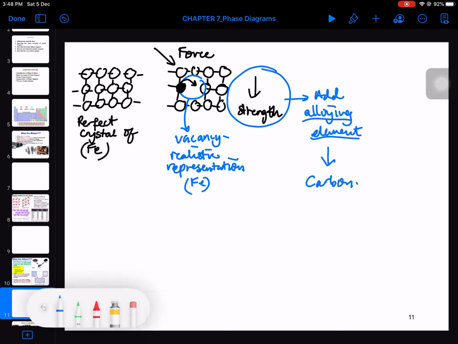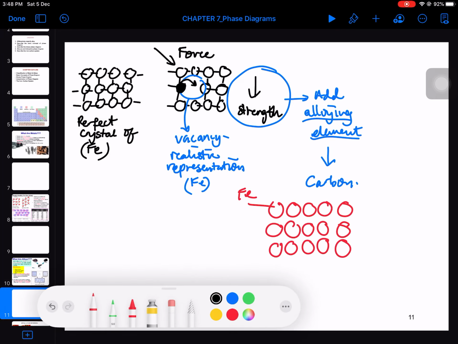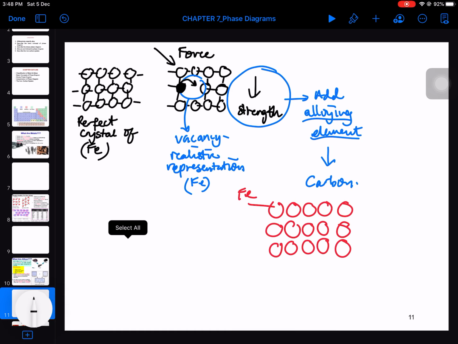In this case, let me draw it for you. Let's say the red colored circles are the atoms of iron, and we're going to add carbon somewhere in the interstitial sites of the iron. So this is carbon.